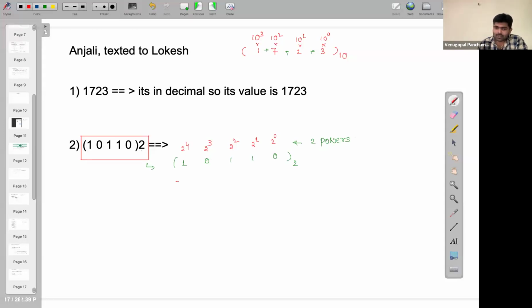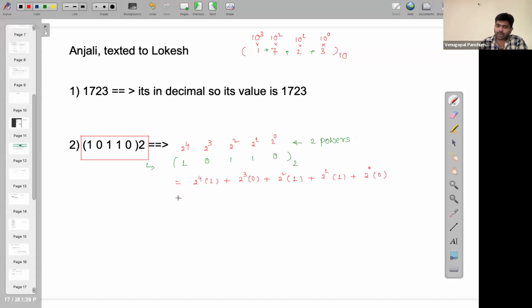Now when you convert this back, this is 2 power 4 into 1 plus 2 power 3 into 0 plus 2 square into 1 plus 2 power 1 into 1 plus 2 power 0 into 0.